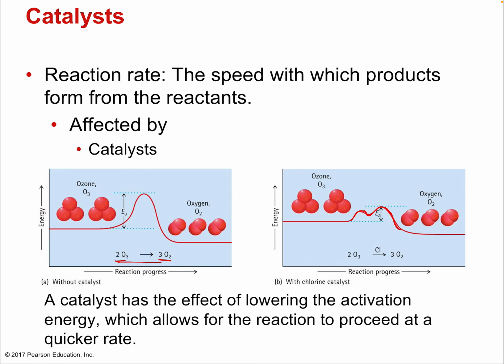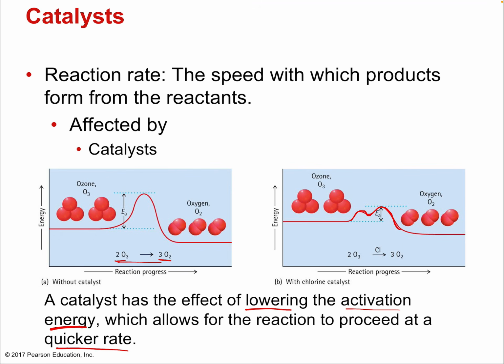So a catalyst has the effect of lowering the activation energy, which allows the reaction to proceed at a quicker rate. So on the basic level, that's the definition of a catalyst. It just lowers the activation energy. It makes for easier breaking of bonds. Therefore, reactions can happen more easily. Therefore, they happen more quickly. The reaction rate goes up.